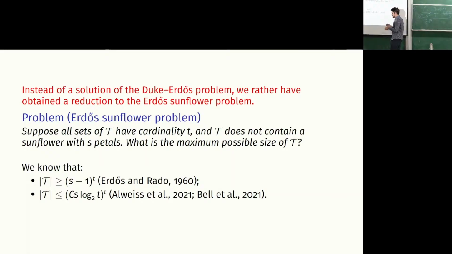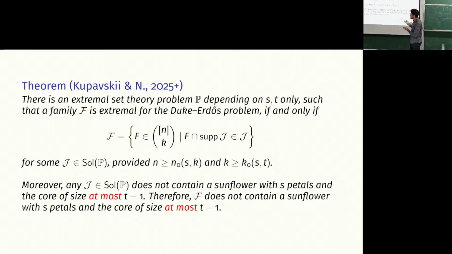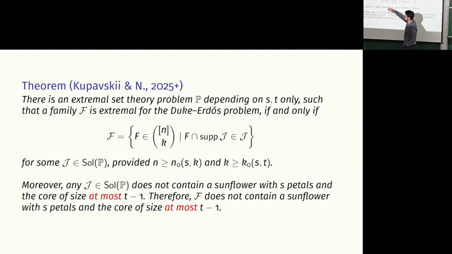Could we go further and find some problem that determines the structure of the extremal family exactly? Well, such a problem exists. It could be described by some algorithm, and this problem has size depending only on S and T, such that it fully determines the structure of the extremal family F in the Duke-Erdős problem.